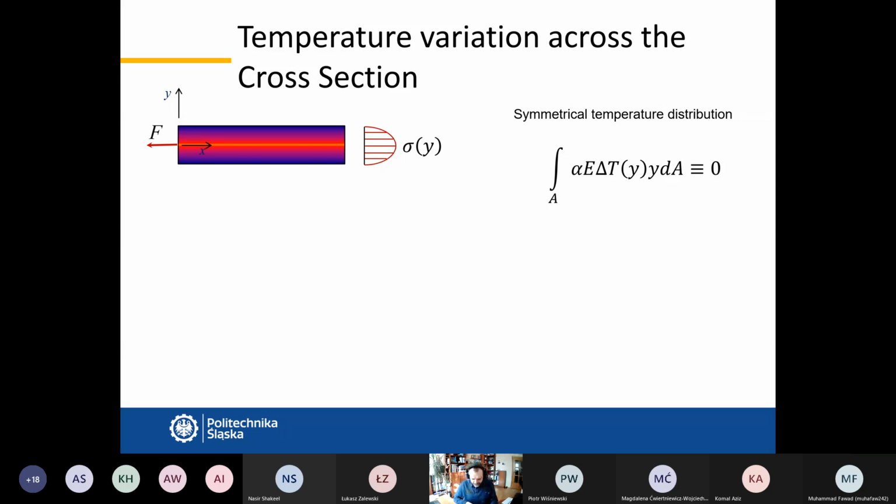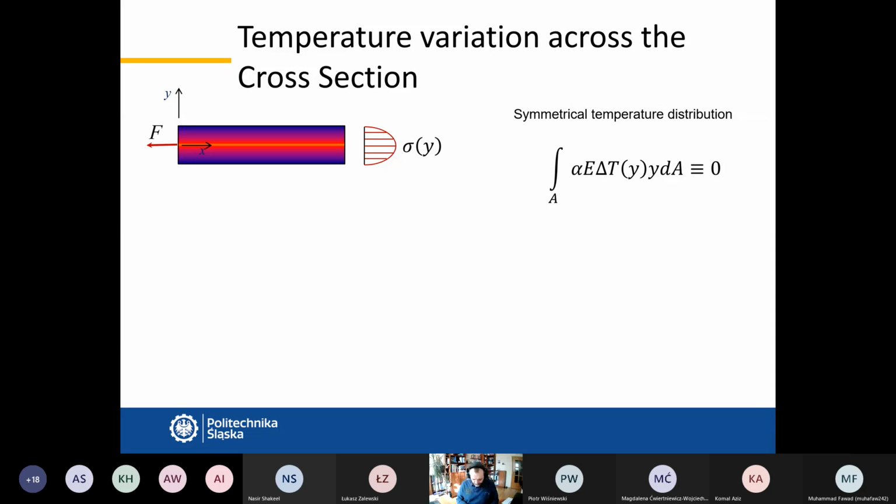We will assume now that along the length, so along the x-axis, we have uniform temperature. So at each distance from the center along the x-axis it is the same temperature. We only see a variation in the vertical direction, so in the y direction.